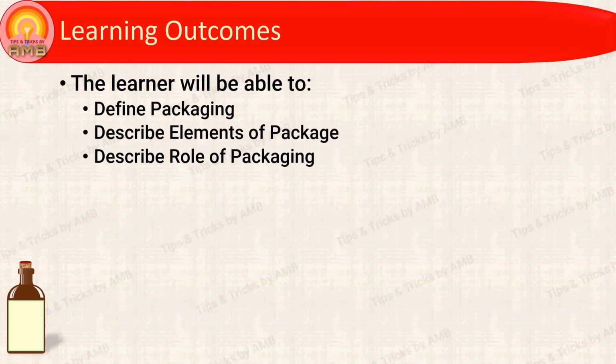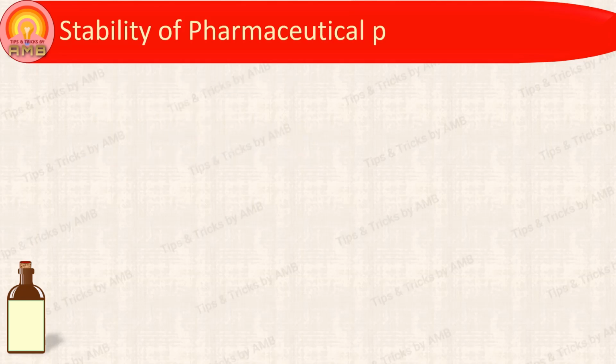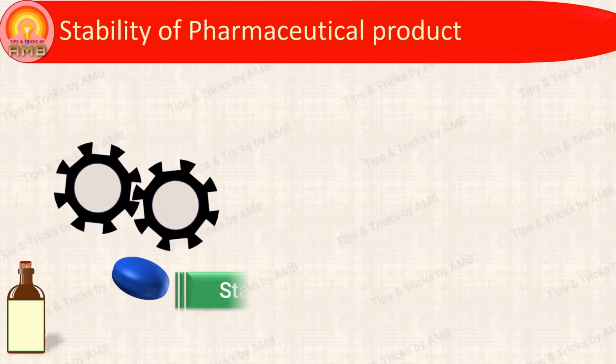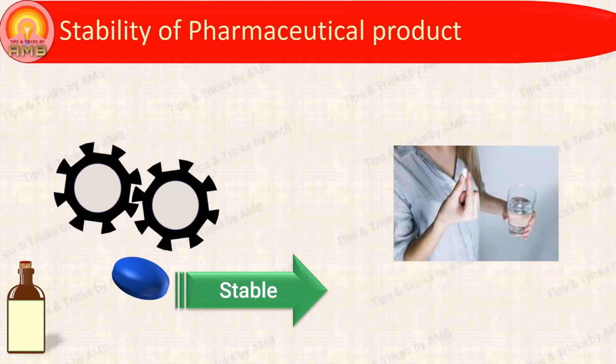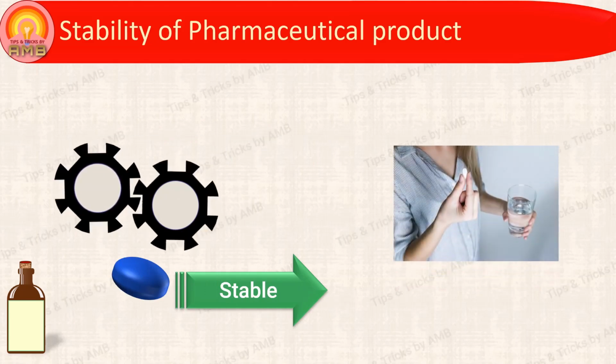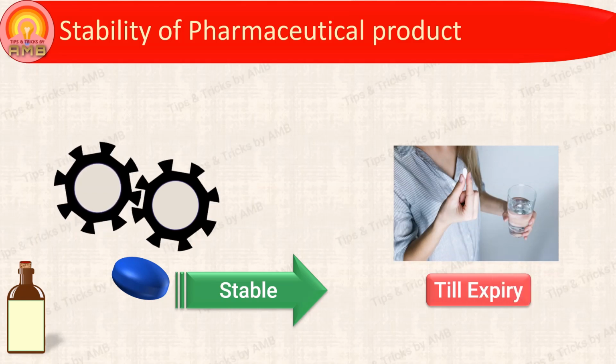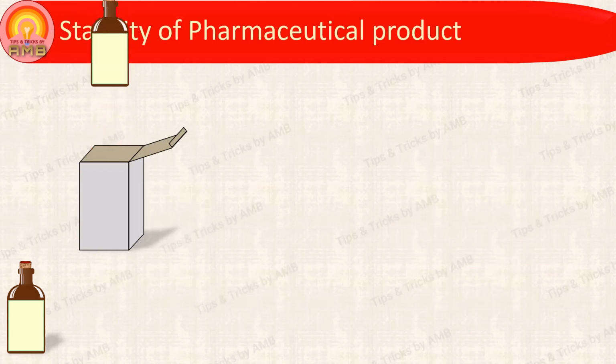After manufacturing various dosage forms, it is essential to store them properly. The drug should remain stable till it gets used by the end user or till its expiry. The stability of the drug during its storage is dependent upon various factors including packaging.